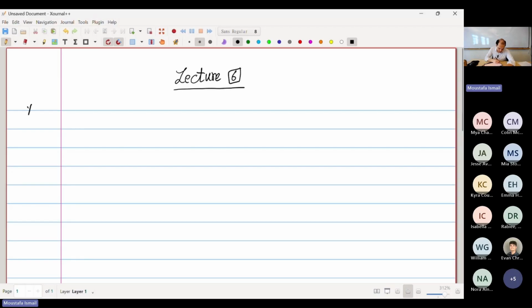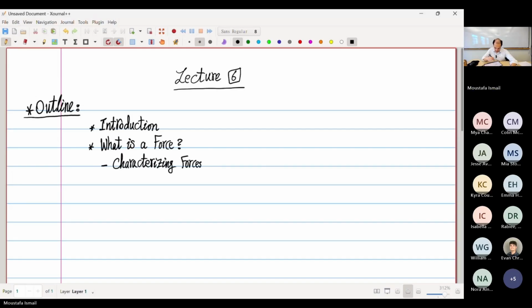So the outline for today is as follows. First, introduction, like a big picture view. Then we're going to address what is a force. And in that question, we're going to have 2 subsections. We have a characterization of forces, what all forces have in common, then visualizing forces.